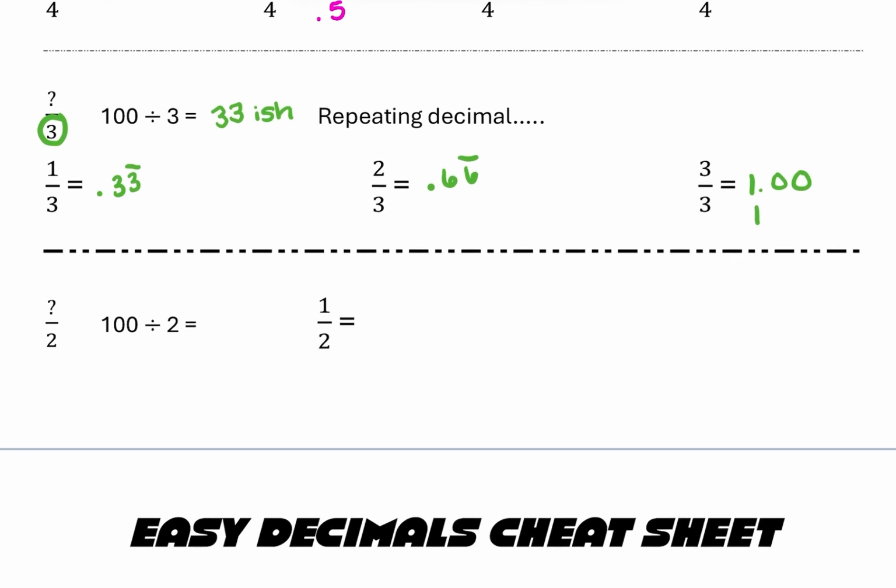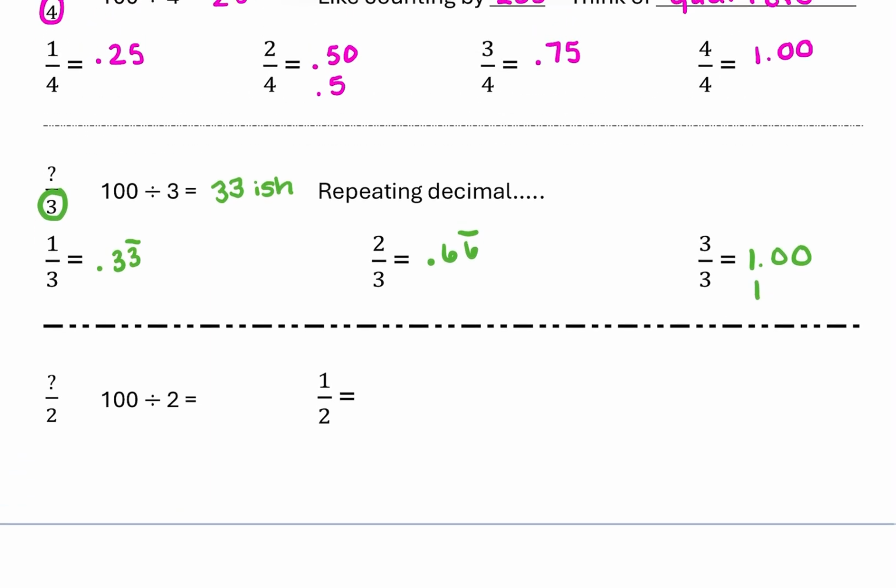And then lastly, this is definitely one that we 100% have to know, okay? If your bottom number is a 2, 100 divided by 2 is 50. So 1/2 as a decimal is 0.50 or 0.5. And we have to know this one.